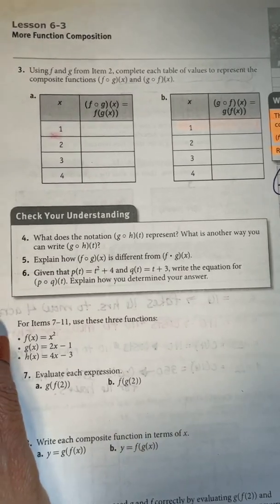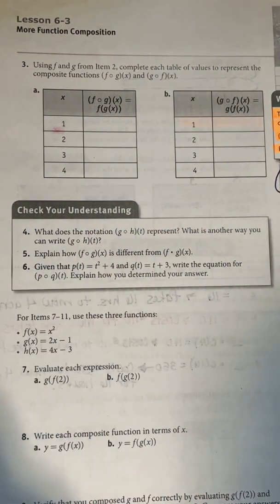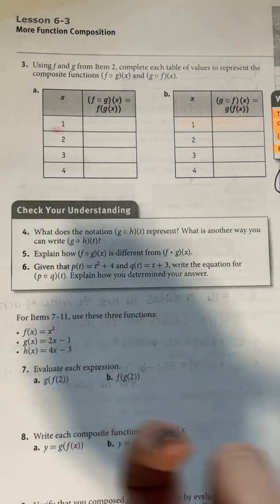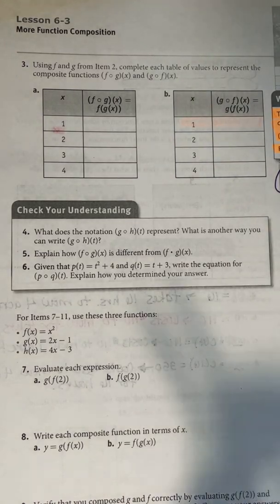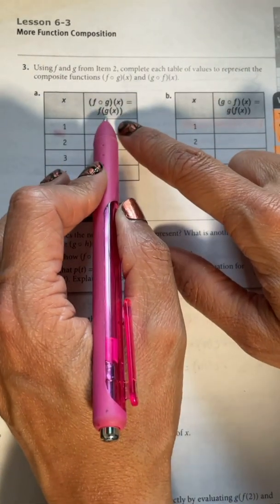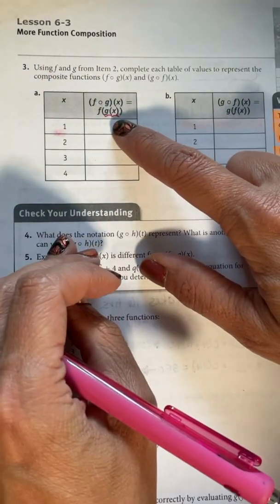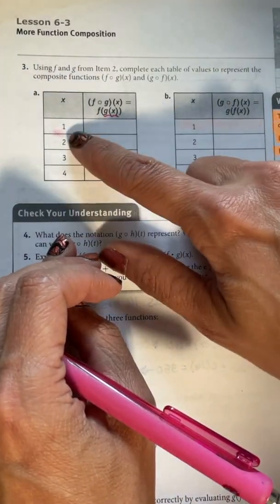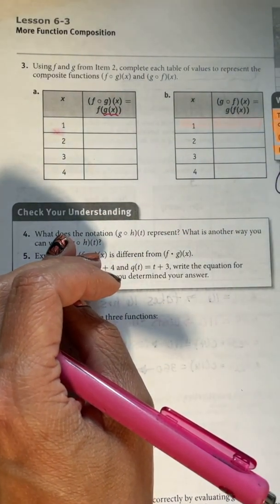Mathematicians are all about their notation, which is why there's so many different kinds, because people have different preferences. Not everyone agrees on the way to write something, but they're all equivalent. That's all that matters. All right, so we have f of g of x, so that means that we are starting with the inner, which is g of x. So we need to first start with g of x, so g of 1. Let's find g of 1.